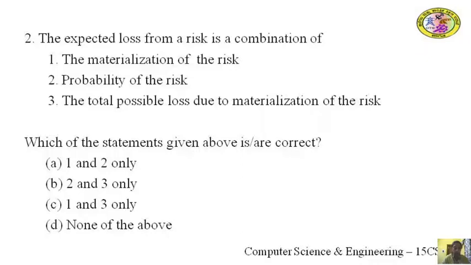Option A, 1 and 2 only. Option B, 2 and 3 only. Option C, 1 and 3 only. Option D, none of the above. What is the answer for this question?